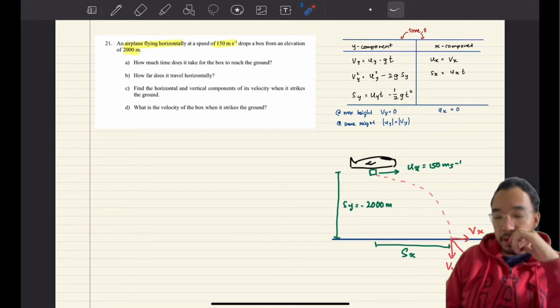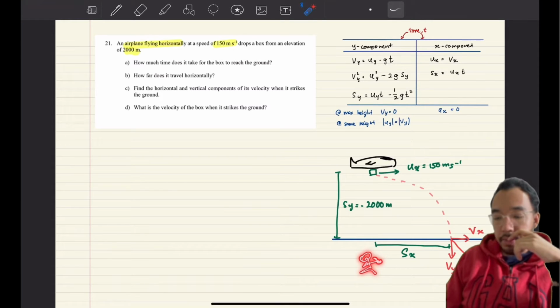If you imagine that it's going backward, you are actually imagining what happens when you are sitting inside the airplane. If you're sitting inside the airplane, obviously you will see that this box looks like it travels backwards, because the airplane continues at the same velocity, which is 150 meter per second. But now we are looking at it from outside of the airplane, let's say from the ground.